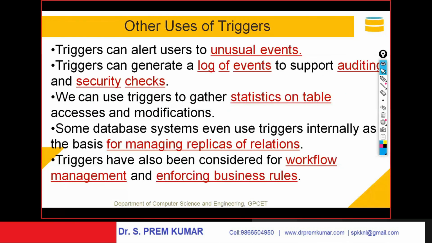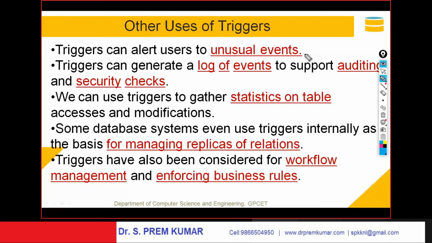Coming to the uses of triggers: unusual events. If any unusual event happens, triggering code can alert you. Suppose in a banking system, the banking hours are from morning 10 o'clock to evening 5 o'clock. Suppose some person wants to insert some data into the database system at night 10 o'clock, then automatically the trigger gets fired, activated, and it alarms.